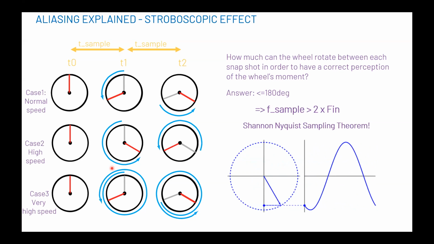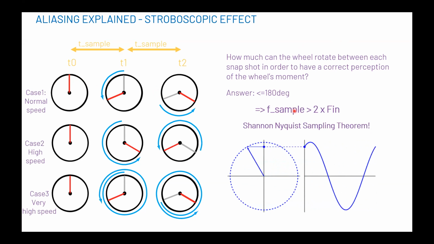So what is needed? We need to observe the wheel once every 180 degrees, or once every half cycle, which we do in case 1. That's how we perceive the correct direction as well as the correct speed. If we translate this to the frequency domain, it tells us that you need to sample 2 times by the time it completes 1 rotation.